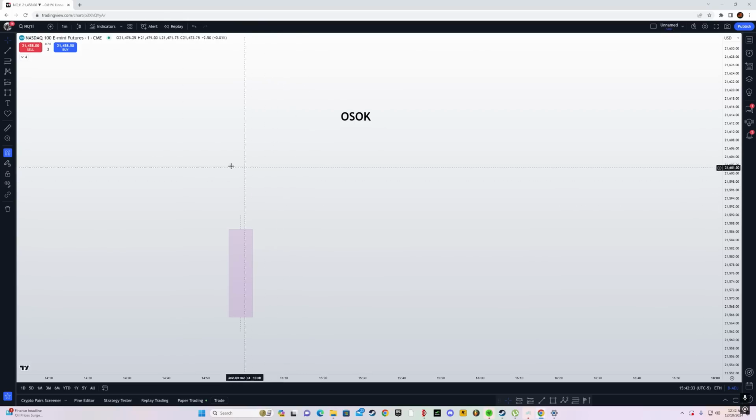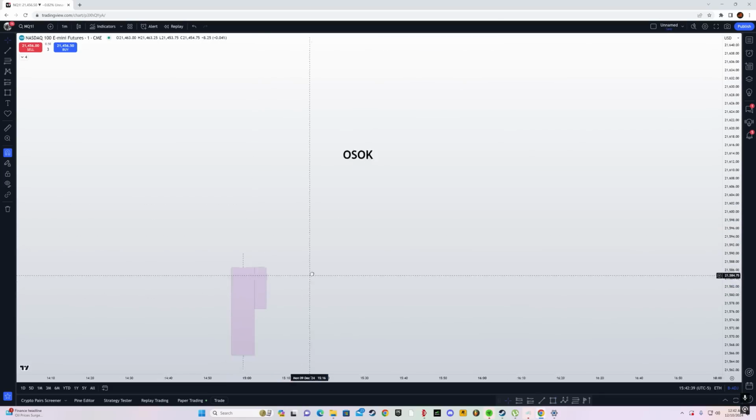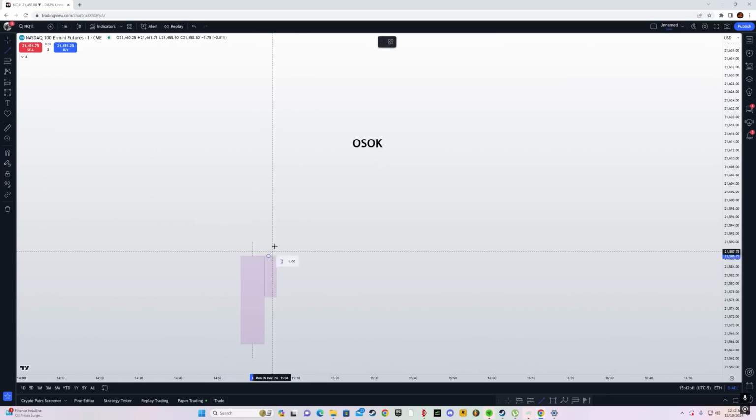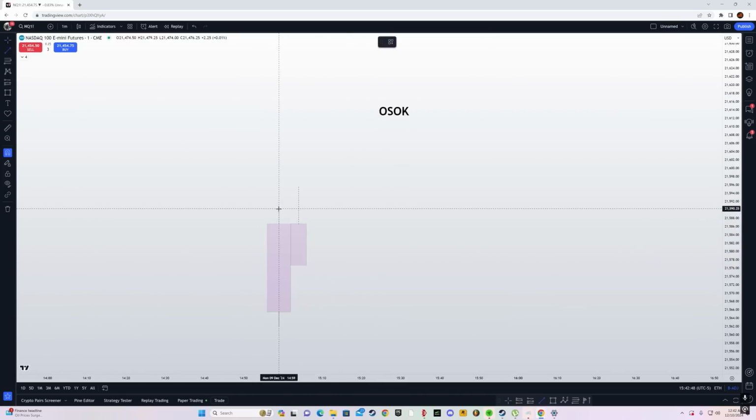But if we opened here on the second candle, we went up, but then we had a closure below, but we had a wick to the upside. Let me explain what I mean by this. Instead of closing above the high of the first candle, which is right here, the second candle wicked above it and then closed below it.